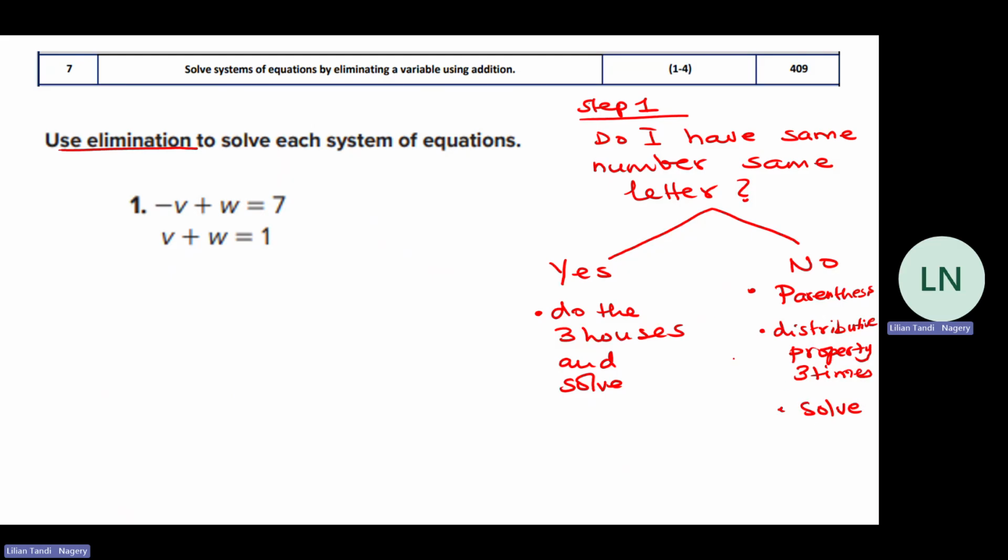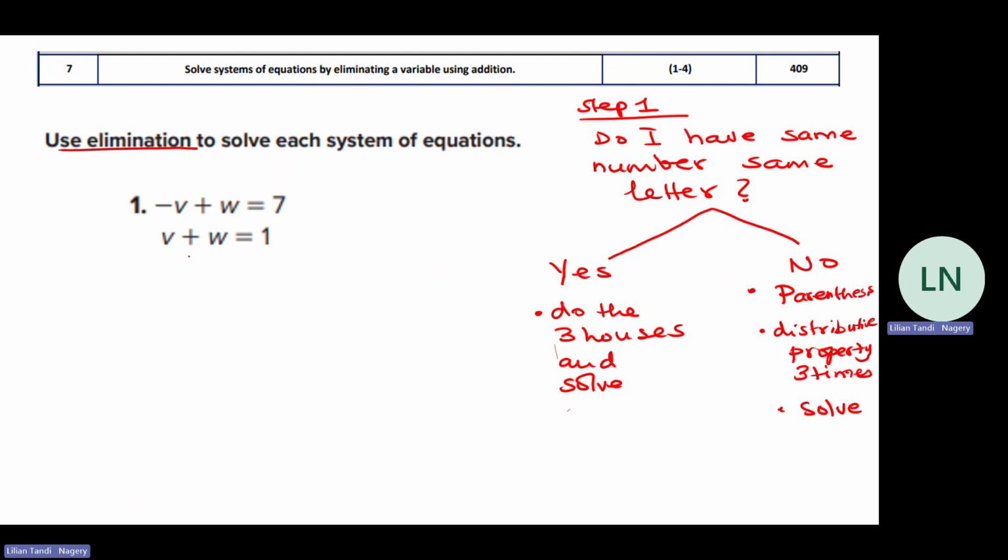Okay? So remember, when you see the word elimination, this is the first question you need to ask yourself. Do I have same number, same letter? If you say yes, do your 3 houses and solve. If you say no, you have 3 more steps to do.